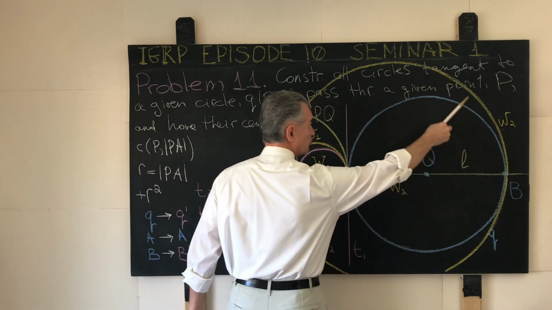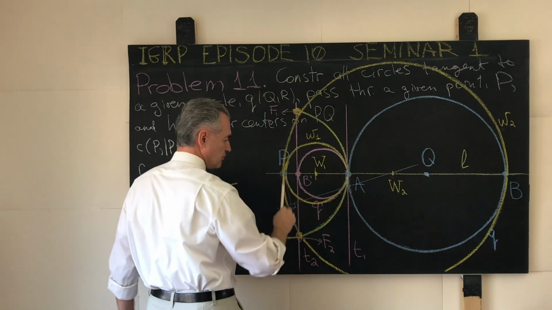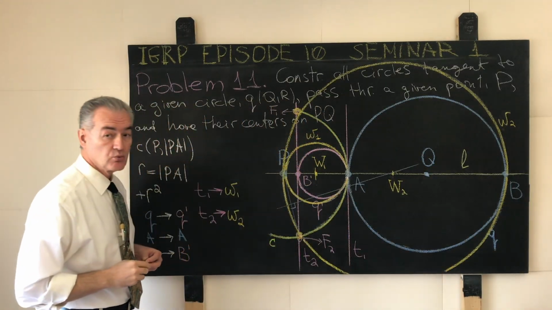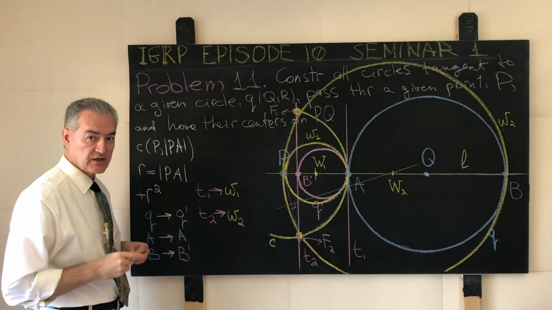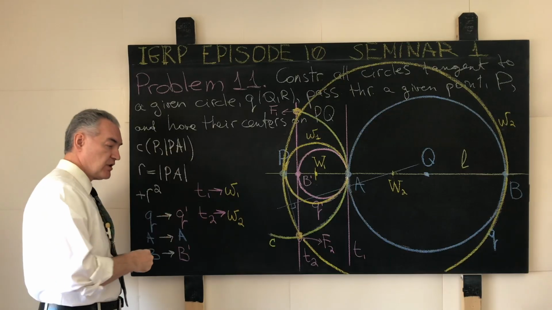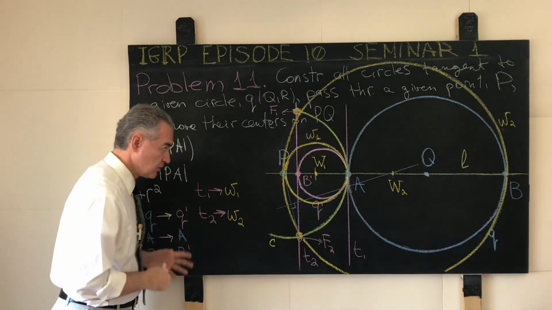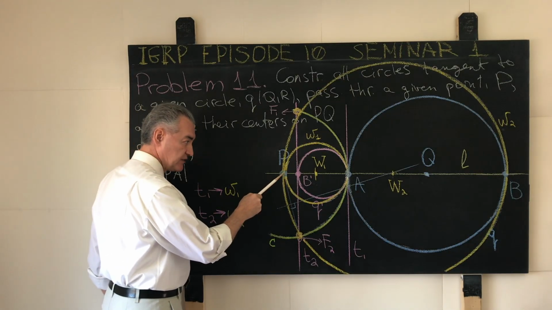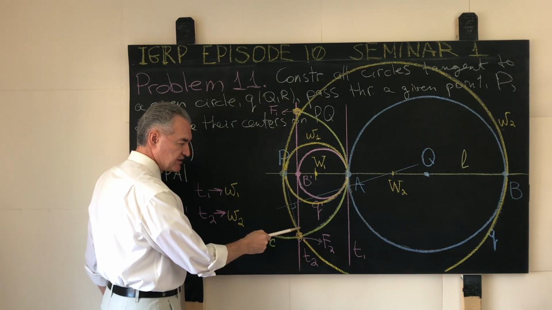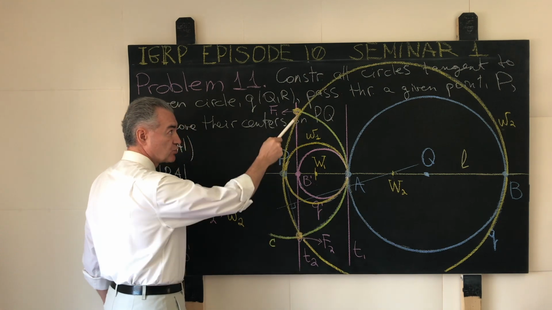That circle is shown partially, so big it did not fit on my board completely. It runs like so. But not only that, we know how to construct that circle using the Euclidean tools alone. And how do we do it? We go back to our theory, and we still remember that all we have to do is take the point P, the center of inversion, connect that point with one of the points that this straight line has in common with the circle of inversion.